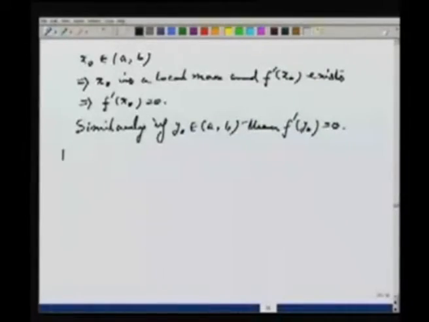Now let us look at some more generalizations of Rolle's theorem. The first one is the well-known mean value theorem. Look at the situation of Rolle's theorem again.